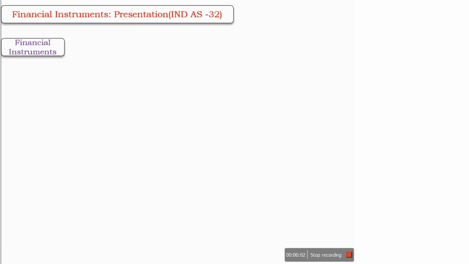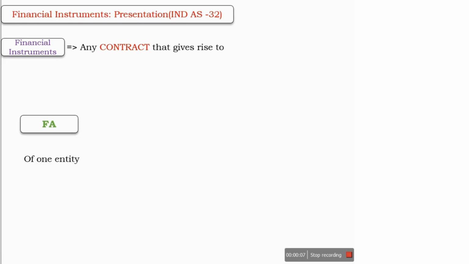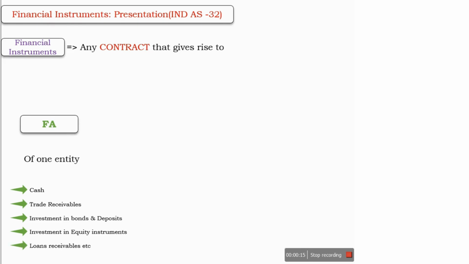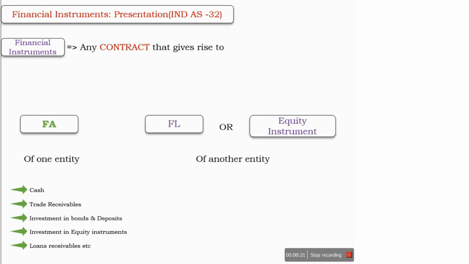A financial instrument is any contract that gives rise to a financial asset of one entity. It may be in the form of cash, trade receivables, investment in bonds and deposits, investment in equity instruments, or loans, receivables, etc. And a financial liability or equity instrument of another entity.